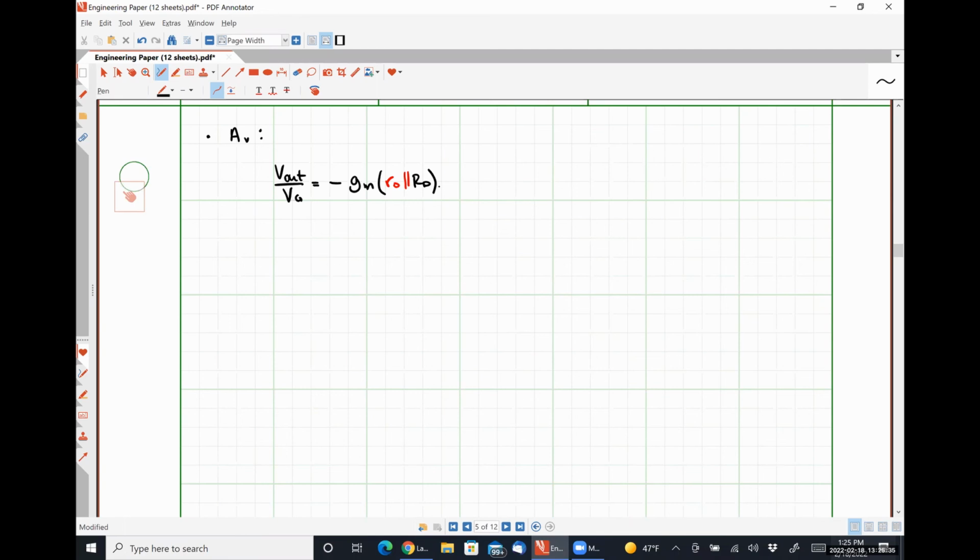So for the voltage divider portion, we have something that looks like this. Here's our input voltage Vin. Here's our resistance R sig. Here is R1 in parallel with R2.